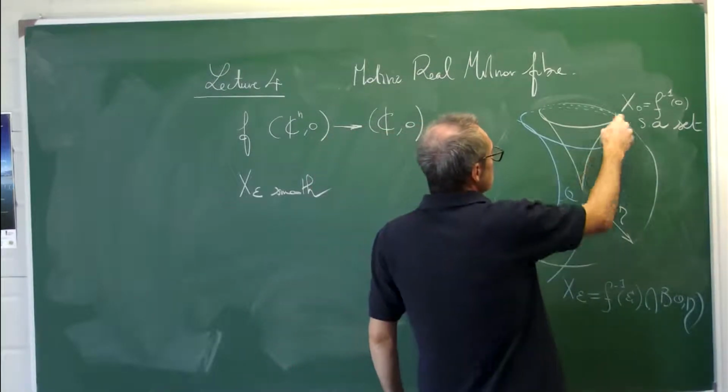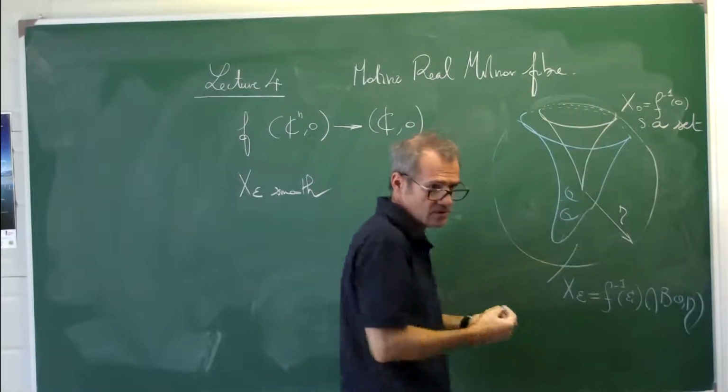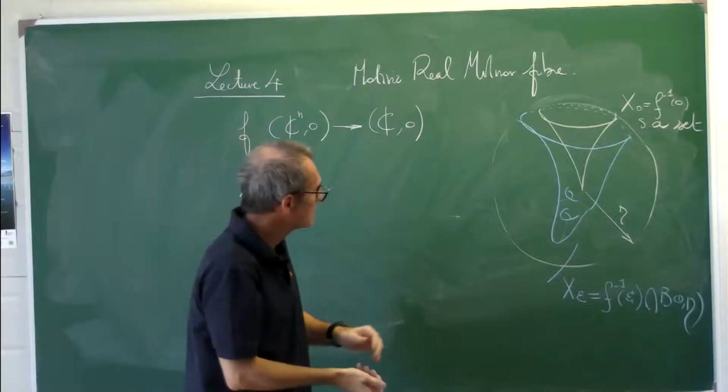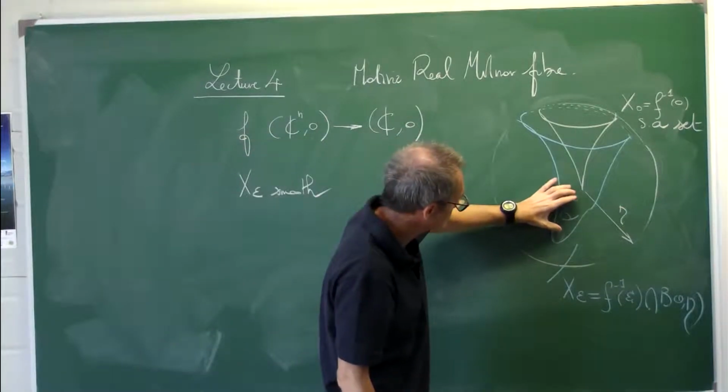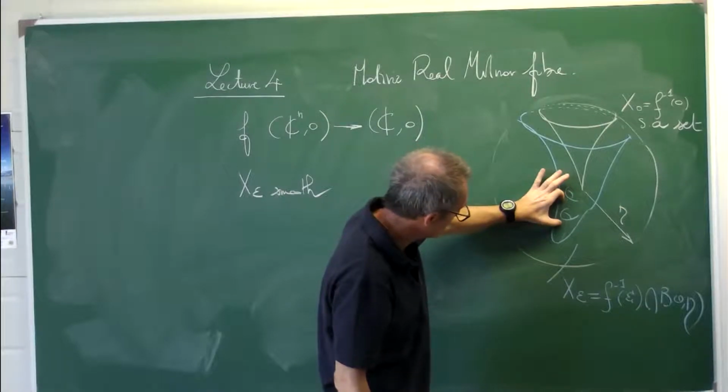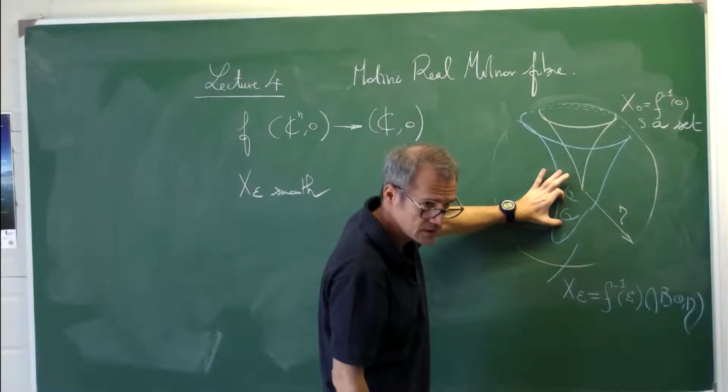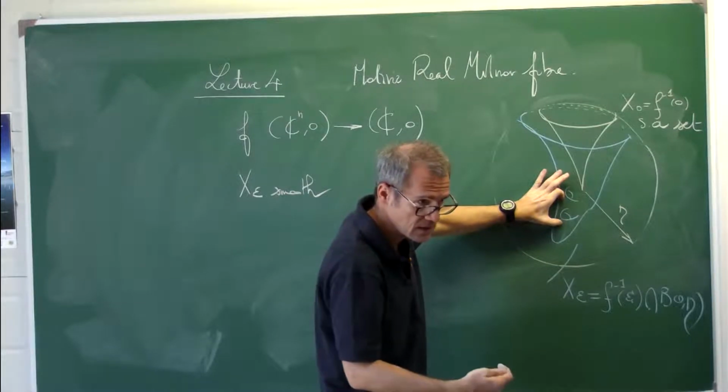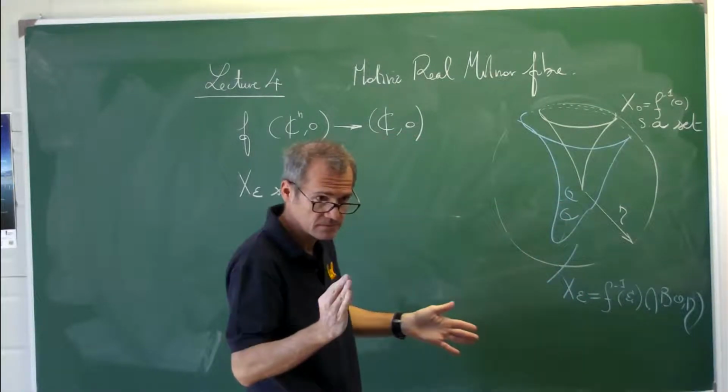Since the topology of the white set is trivial, the topology of a point, those cycles in blue always exist, but at the limit they disappear.